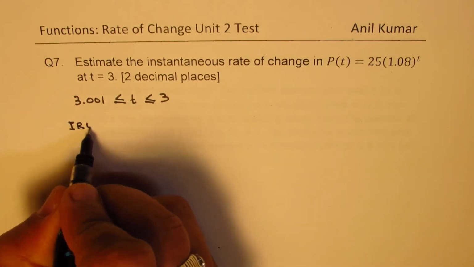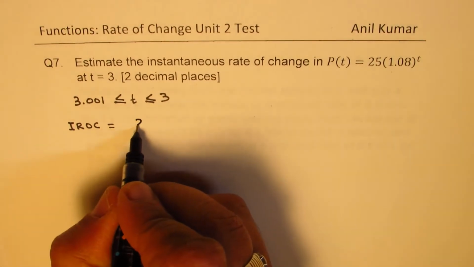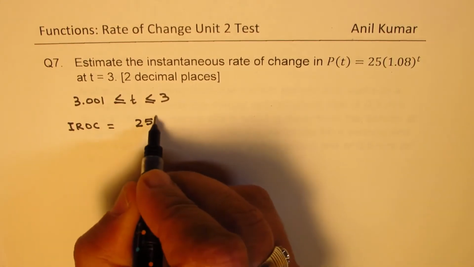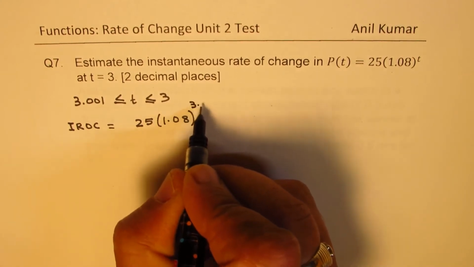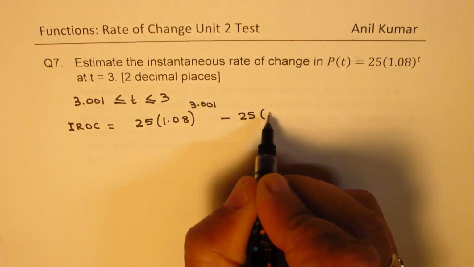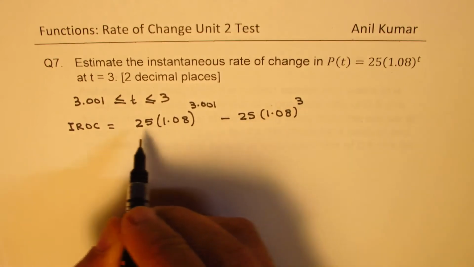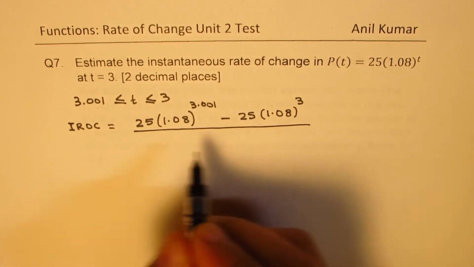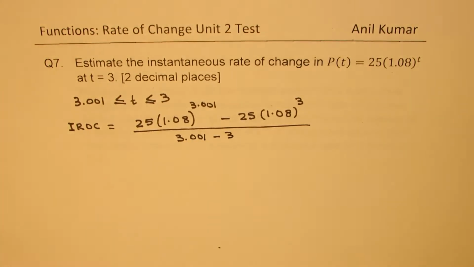So instantaneous rate of change in this interval for the given function will be 25 times 1.08 to the power of 3.001 minus 25 times 1.08 to the power of 3, divided by 3.001 minus 3, correct?